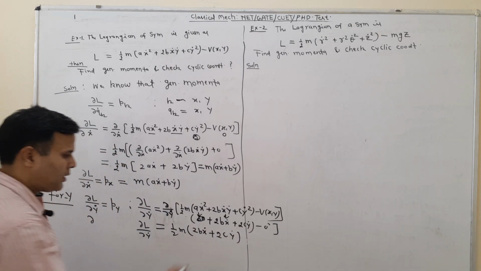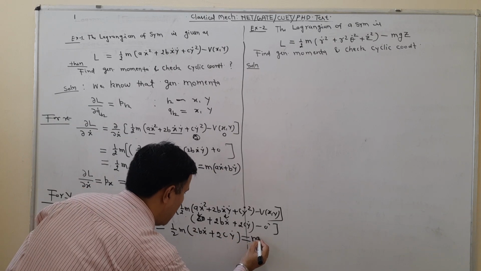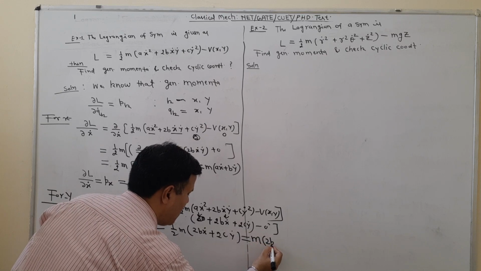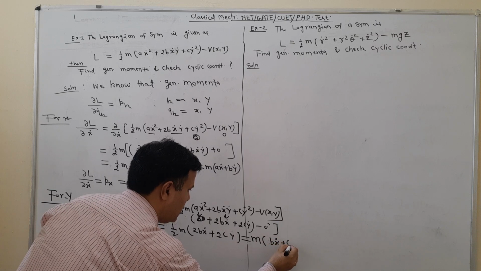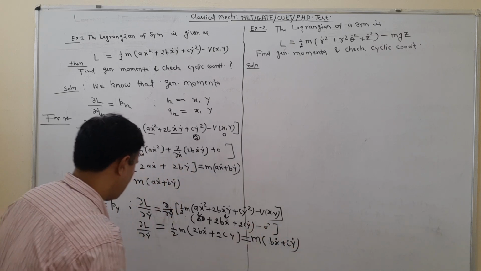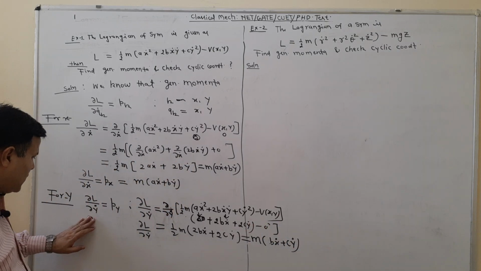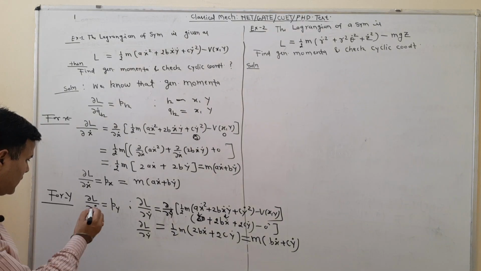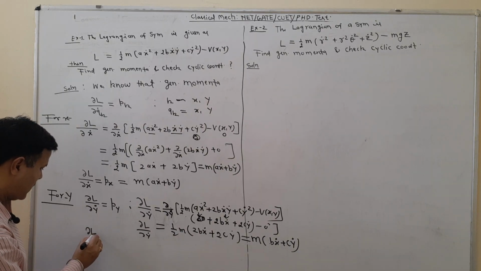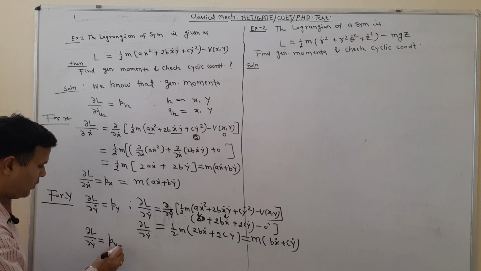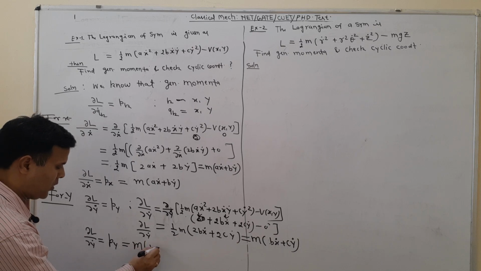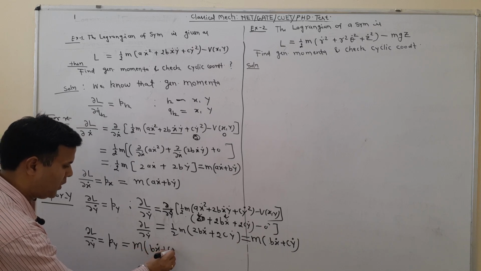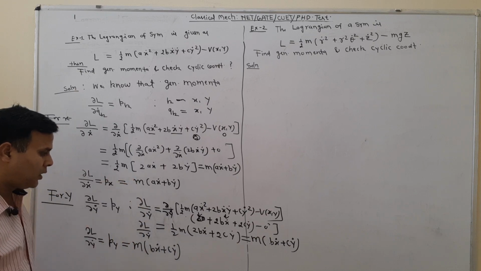So 2 again will cancel out, and what we have is m times b x dot plus c y dot. So what is this? This is simply del L upon del y dot, which is py, which is equal to m times b x dot plus c y dot.